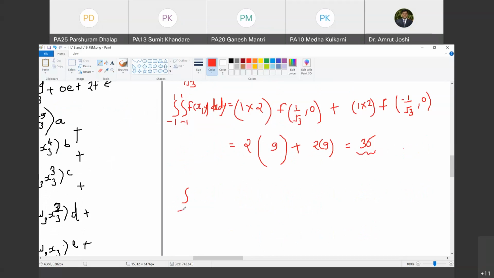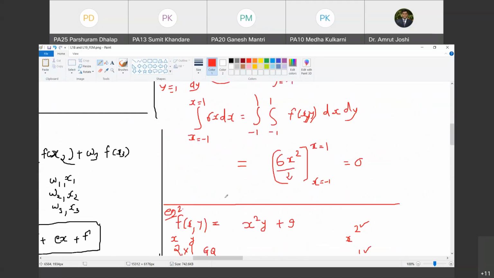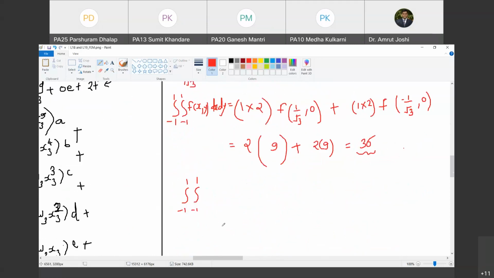So what we need to do is integration from minus 1 to 1, integration from minus 1 to 1, of x square y plus 9, right? x square y plus 9 dx dy. So let me integrate it with reference to y first.